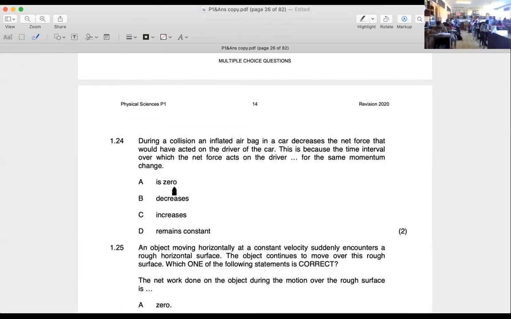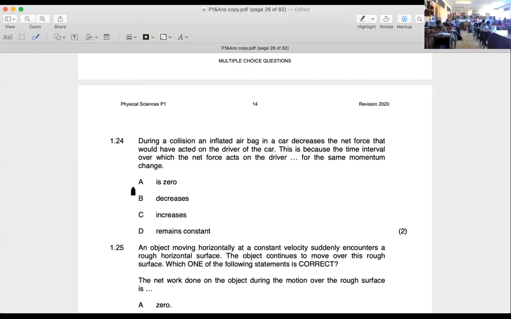Is the net force on the driver reduced, increased, or the same with an airbag? Okay, so does an airbag increase the time or decrease it or keep it the same?